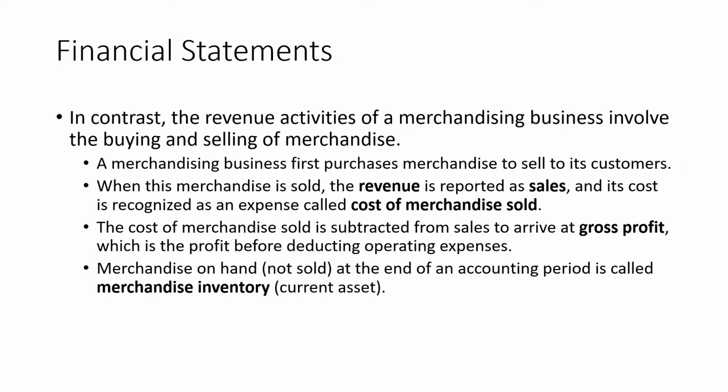So we report that as the cost of merchandise sold. In the revenue portion, we have the total that the company received when they sold the merchandise. Then reported in the expenses is cost of goods sold. And when you subtract revenue minus cost of goods sold or cost of merchandise sold, that will give you your gross profit.